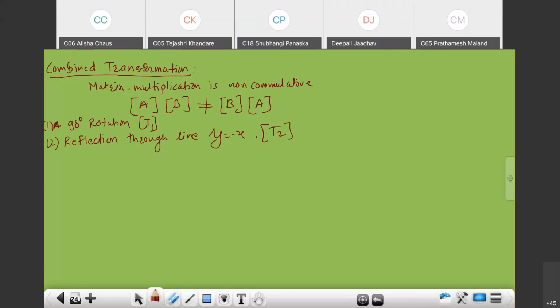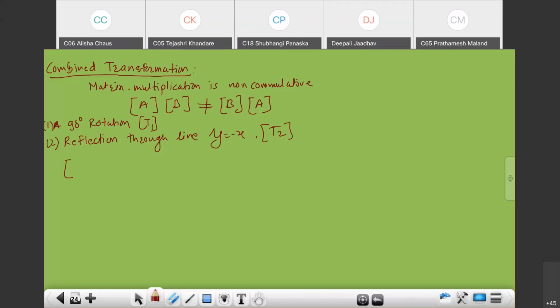First is the 90-degree rotation, that is transformation matrix T1, and second we are going to do the reflection on the result through the line y is equal to minus x. The transformation matrix is T2. Now these two consecutive transformations we write here.